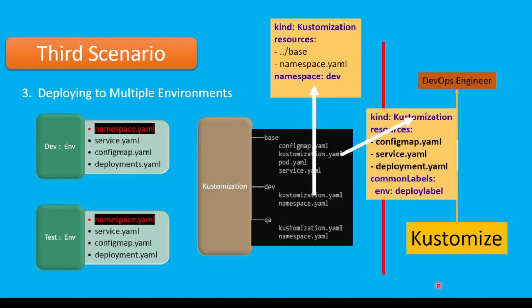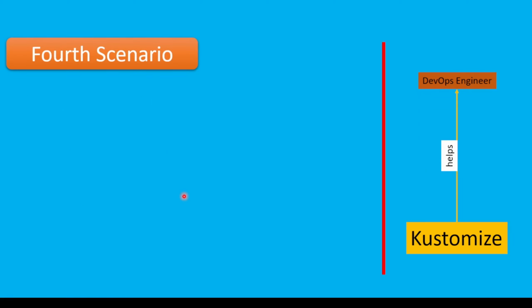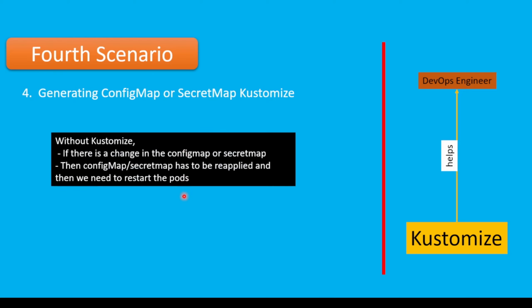So let me look into the final scenario. Let us look into the final scenario where Kustomize can help you to generate your config map, and it will help you to apply it into running pods by executing the deployment rollout in the backend.